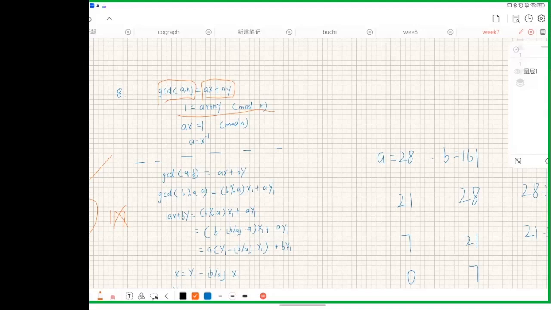And NY mod N equals 0 because NY is a multiple of N. So we know AX equals 1 mod N, which means X is the inverse of A. So if we can get this X and Y, we can directly get this inverse. But how to do that? Then we will introduce the extended Euclid algorithm.